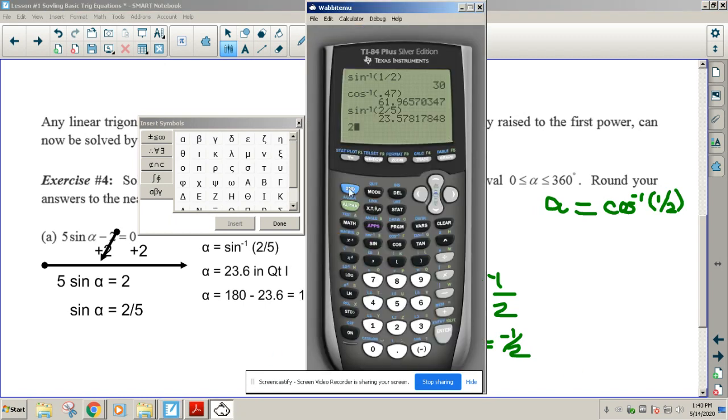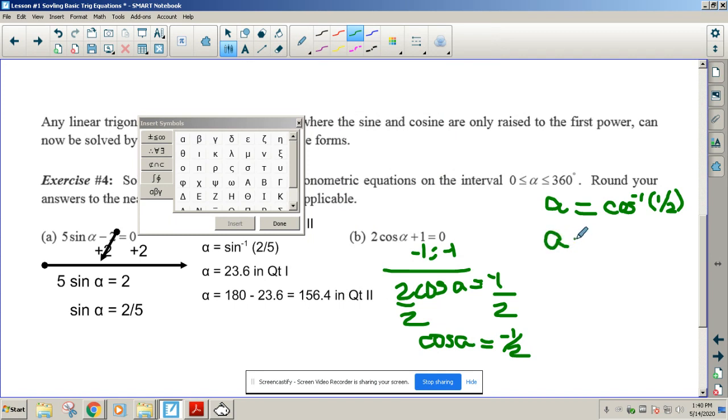And let's find out what that would be. So the arc cosine of 1/2 is 60 degrees. So this means now that my angle alpha is a 60-degree reference angle, and it's going to be in quadrant 2 and quadrant 3 because of the negative.